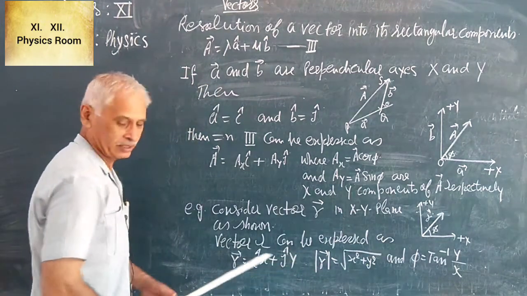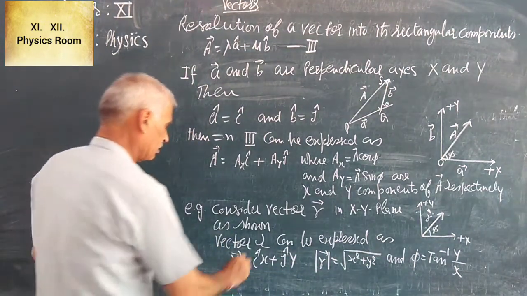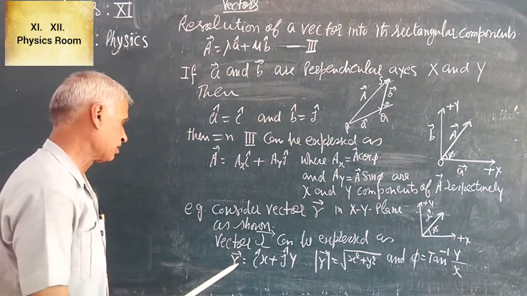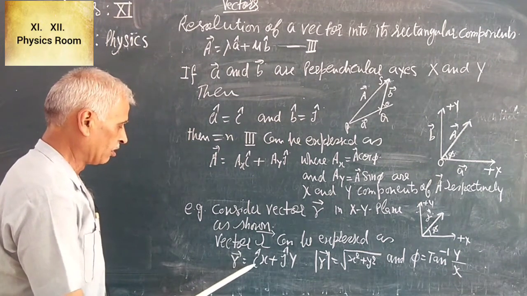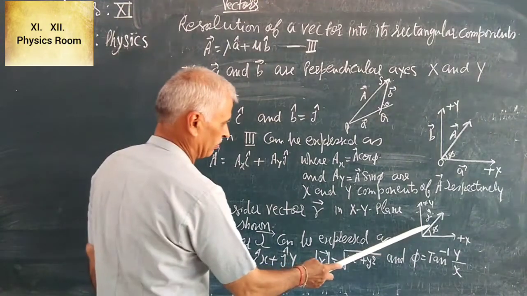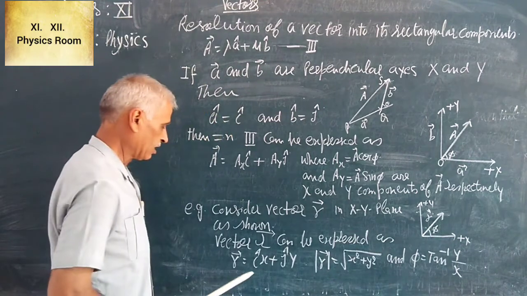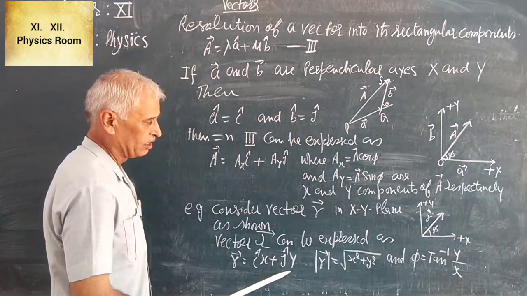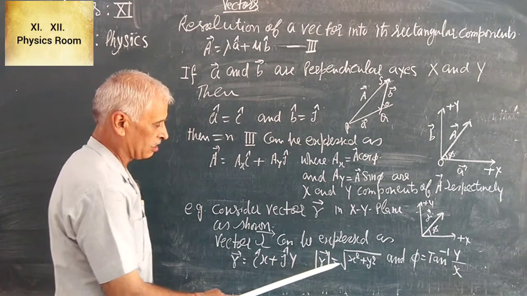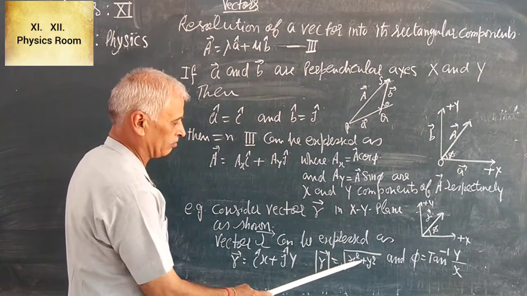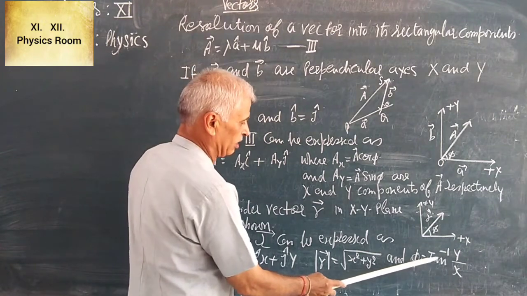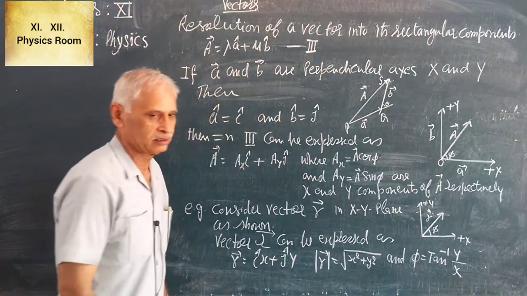Now vector R can be expressed as vector R is equal to I cap X plus J cap Y. Here we can represent vector R as I cap X plus J cap Y in rectangular form, where the mod of vector R is equal to under root x square plus y square, and the direction of vector R is phi equal to tangent inverse y by x.